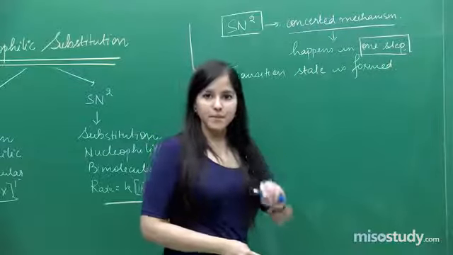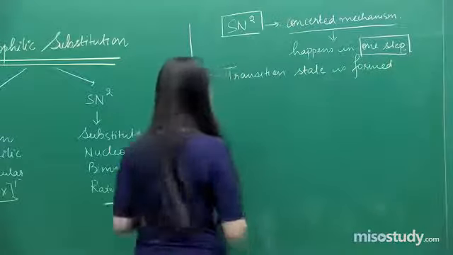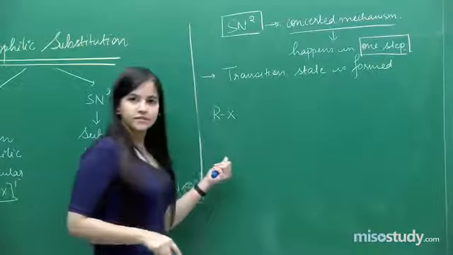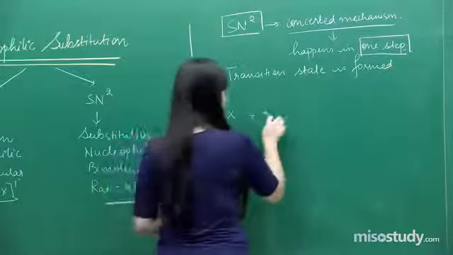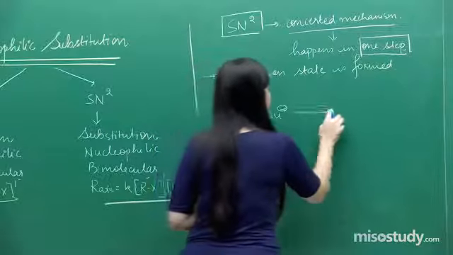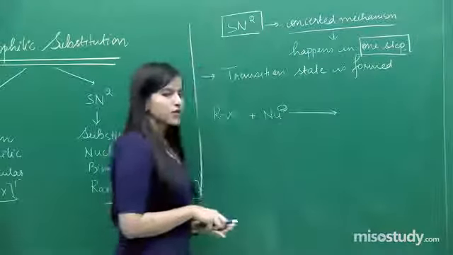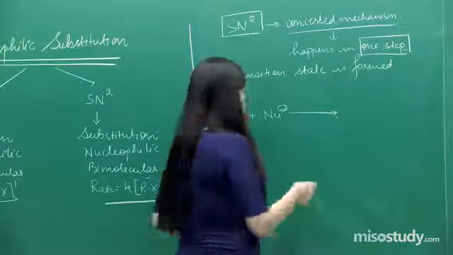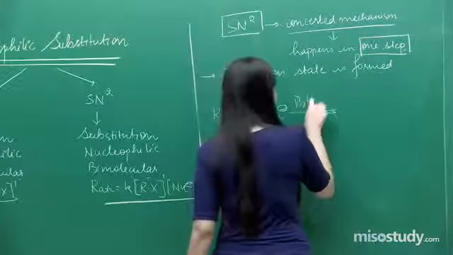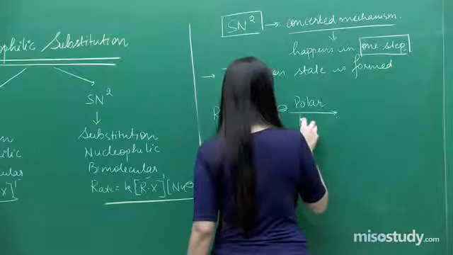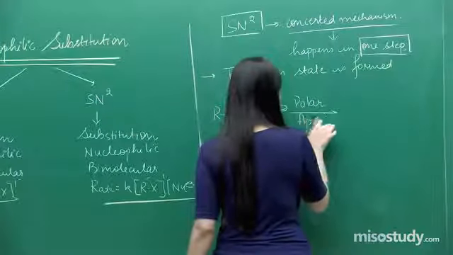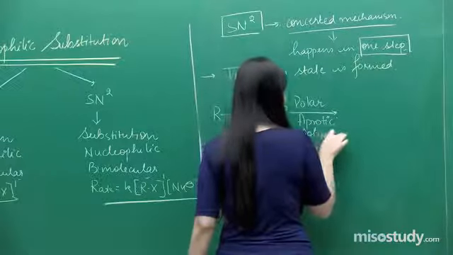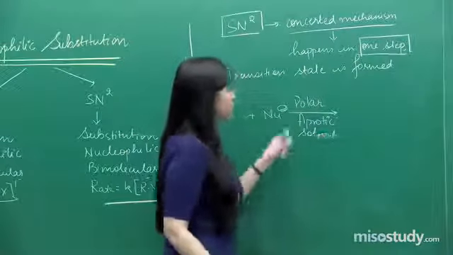The very simple procedure that I am going to tell you over here. Rx, alkyl halide, and the nucleophile in the presence of some solvent. Now what kind of solvent do we take over here? A polar aprotic solvent, right? Now you can judge very well.